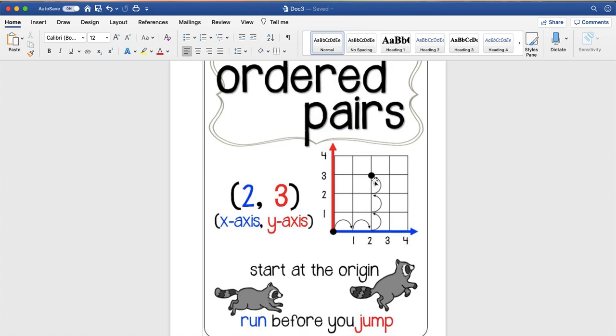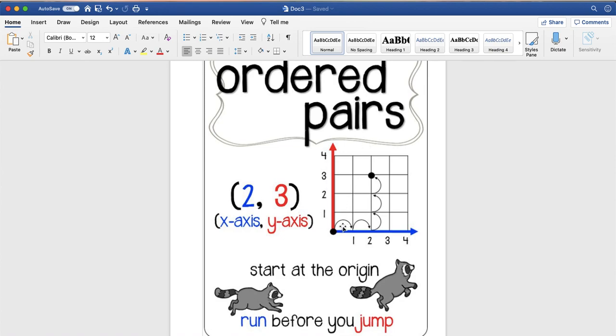As you can see here, here is a point that's graphed on this coordinate plane. To get the direction of this point, that's where we get the name ordered pairs.